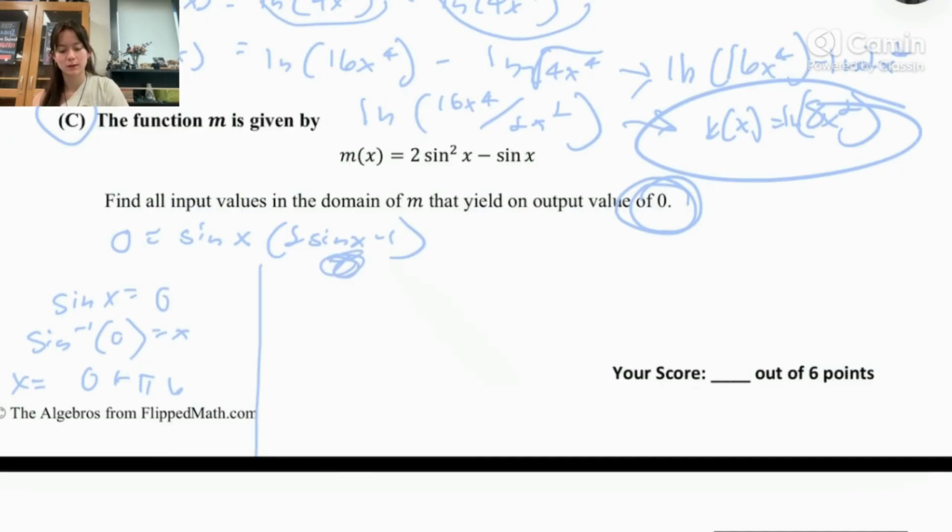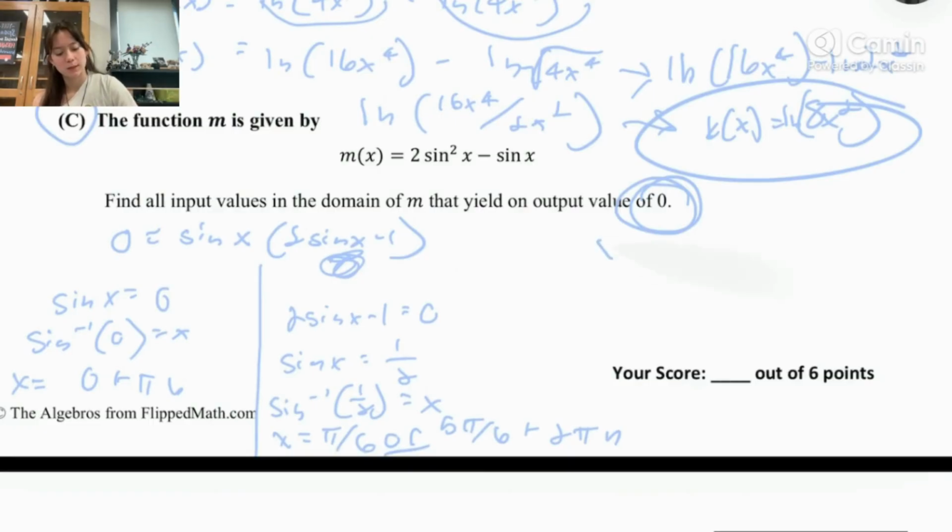And then for this part of the equation, we're doing 2 sine of x minus 1 equals 0. Add 1 to both sides, and then divide by 2, so it'd be sine of x equals 1/2. And then do the inverse process again, so it'd be sine inverse of 1/2 equals x, which could be x equals pi over 6, or 5 pi over 6. And make sure to add that plus 2 pi.